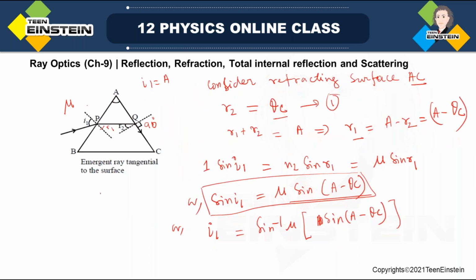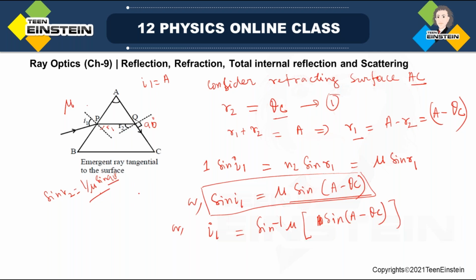See, if we go from here, at the critical angle sine r2 is equal to 1 over mu sine of 90 degrees. So sine theta c means 1 over mu. Then what about cos theta c?